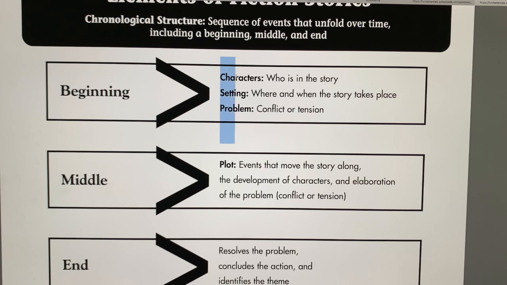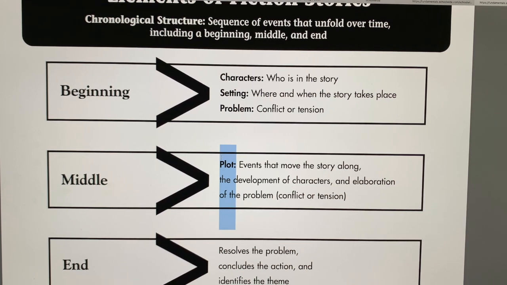So you're going to tell me, who are the characters. You are going to tell me what the setting is, what the problem is when it is identified. And then this word is one that I know that you learned in third grade, but it may be one that you have trouble remembering because every year when fourth grade starts, my fourth graders always have trouble remembering the word plot.